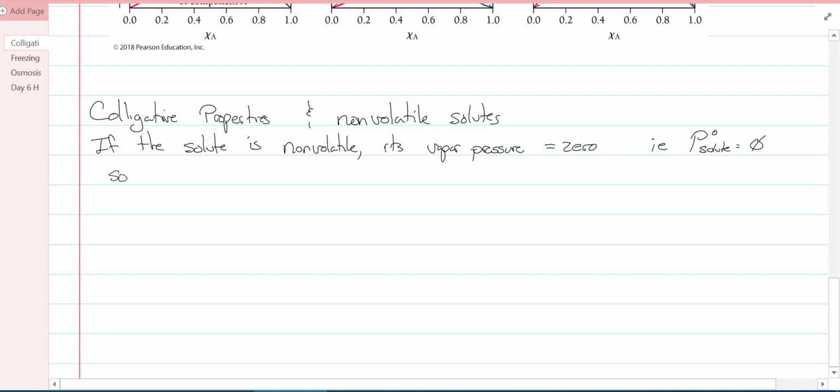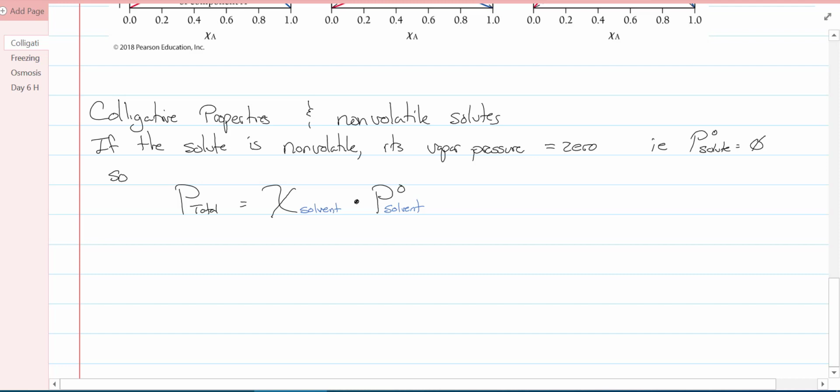So that means the total pressure above the solution is equal to the mole fraction of, now this is very important, the mole fraction of solvent, like water or whatever the solvent is, times the vapor pressure of pure solvent.